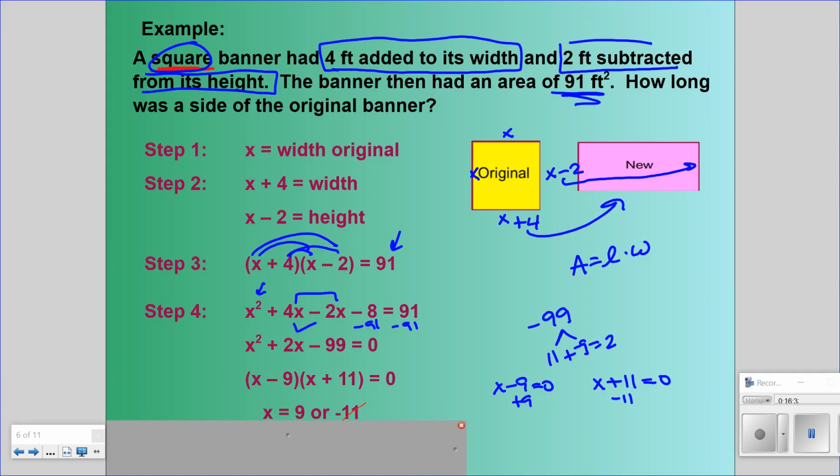So x equals 9 or negative 11. Once again, we're dealing with a length or width of something. So a width or distance or measurement cannot be negative. So the only one that makes sense is the positive solution. So the original side of that square, x value, should be 9 feet.